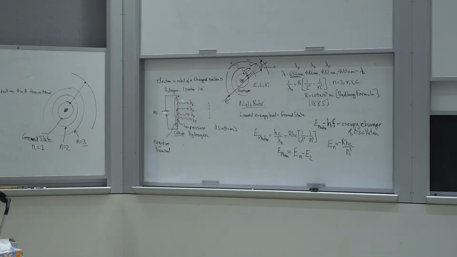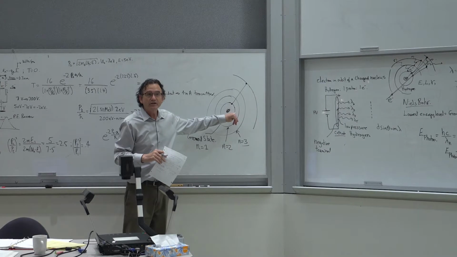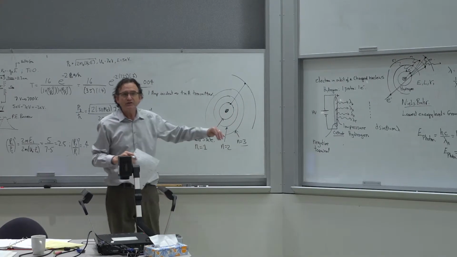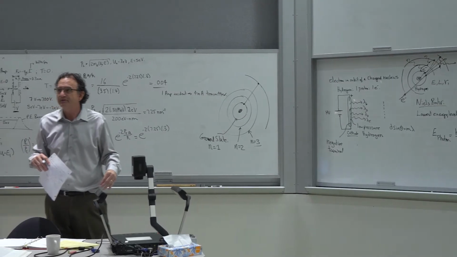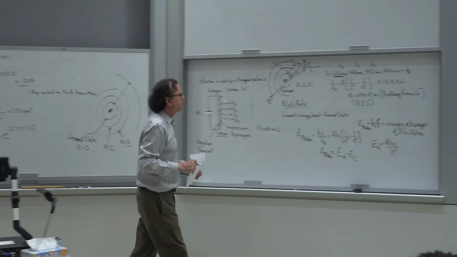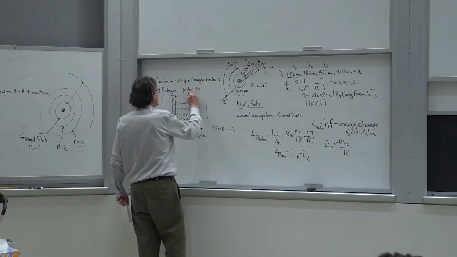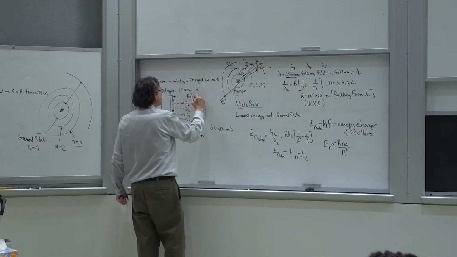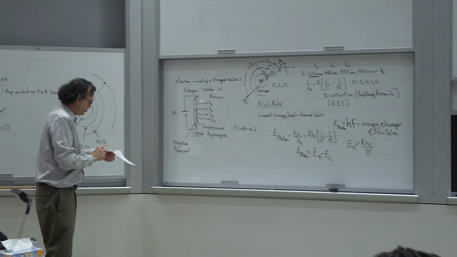It turns out that the transitions that go down to N equals 1 are in the ultraviolet, and you can't see those without an instrument that detects ultraviolet light. Okay? So we are concerned with N equals 2 because this was the visible part of the spectrum, and this is called the Balmer series because Balmer was the first one to discover or name this phenomenon.